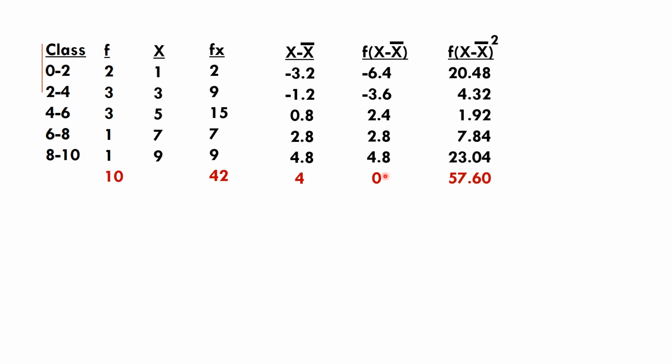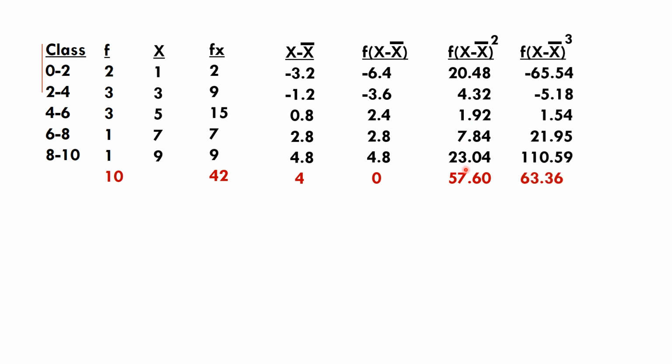Next is (x minus x bar) square into frequency. For this, we have to take the square of these values and then multiply with the frequency. Minus 3.2 into minus 3.2 into 2, that is 20.48. Similarly, minus 1.2 into minus 1.2 into 3, that is 4.32. Like that we have to calculate this column.